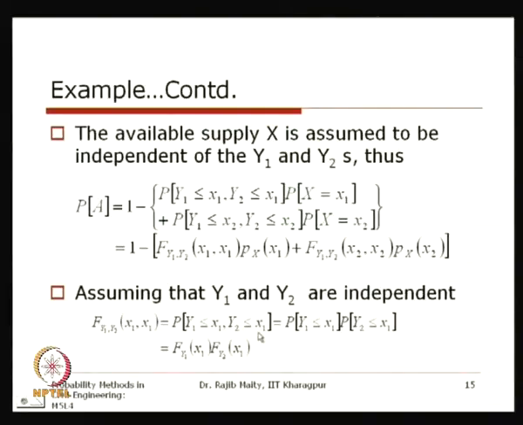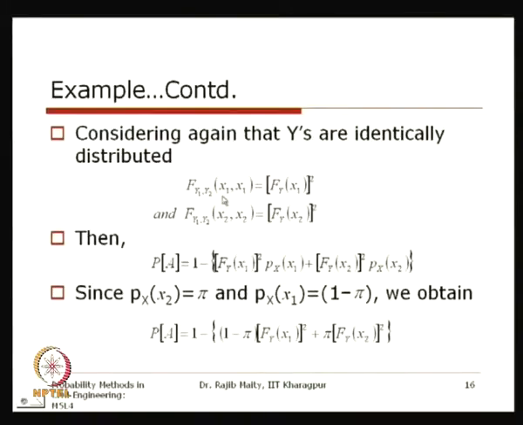From the independence we just discussed, this joint distribution should be equal to the product of their marginals, that is, the probability of y1 less than x1 multiplied by the probability of y2 less than x2. These are the cumulative distributions for y1 and y2, so their multiplication gives the cumulative distribution for the joint if y1 and y2 are independent. This expression is now replaced in this form, and we get the probability of failure as this.